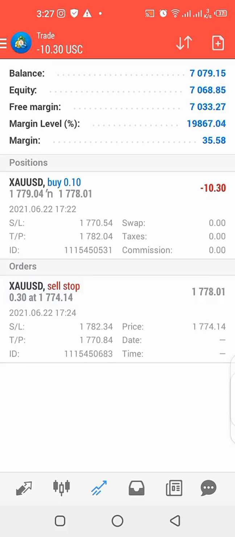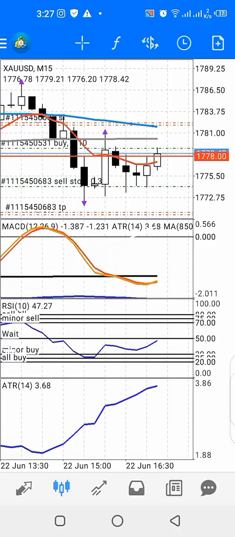And now looking at the trades, I've placed a buy trade and I've placed a sell trade. I have a drawdown of 7 points, around 6 cents. Price is ranging upwards. So look at the price is ranging upwards.